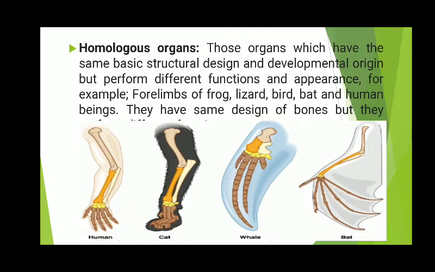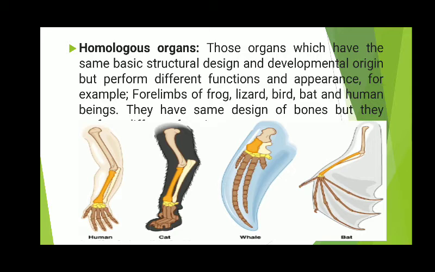For example, the homologous forelimbs in man and a bat have evolved from common ancestors and had the same basic design, but they perform different functions.